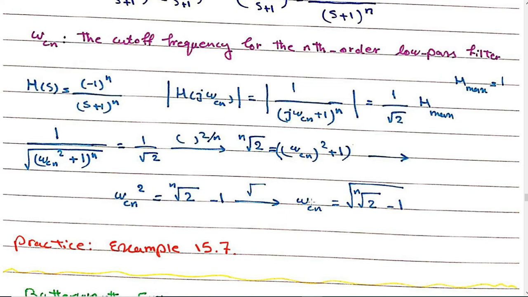You said 4, correct? 4. What's the cutoff frequency? 0.435. Yes, that's right. So the fourth root of 2 minus 1, square root, will be 0.4 something.